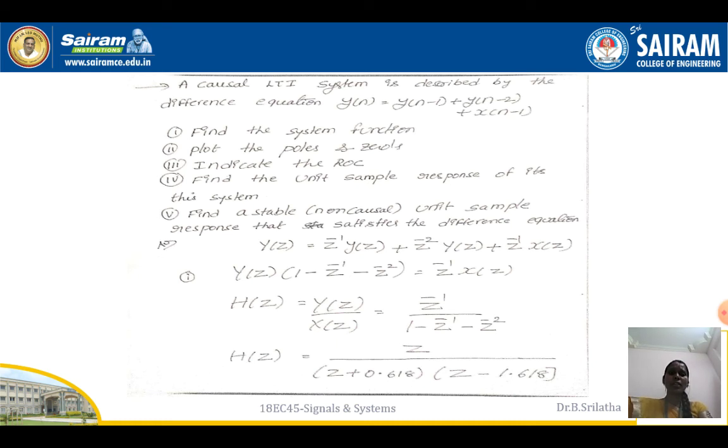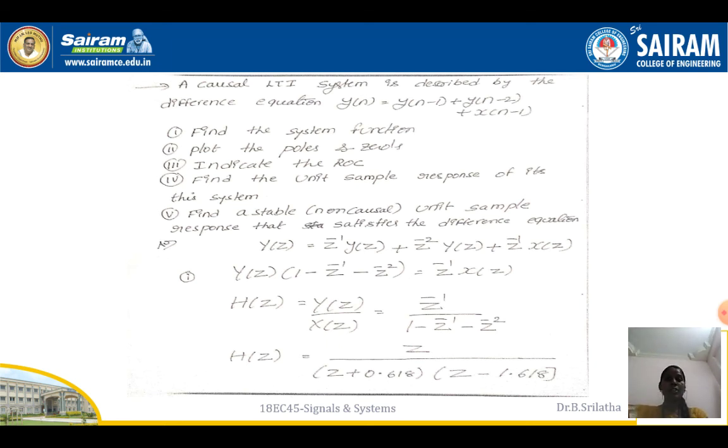Take all the Y of z terms on the left hand side and X of z on the right hand side, and take common Y of z. So Y of z into 1 minus z power minus 1 minus z power minus 2 is equal to z power minus 1 into X of z.